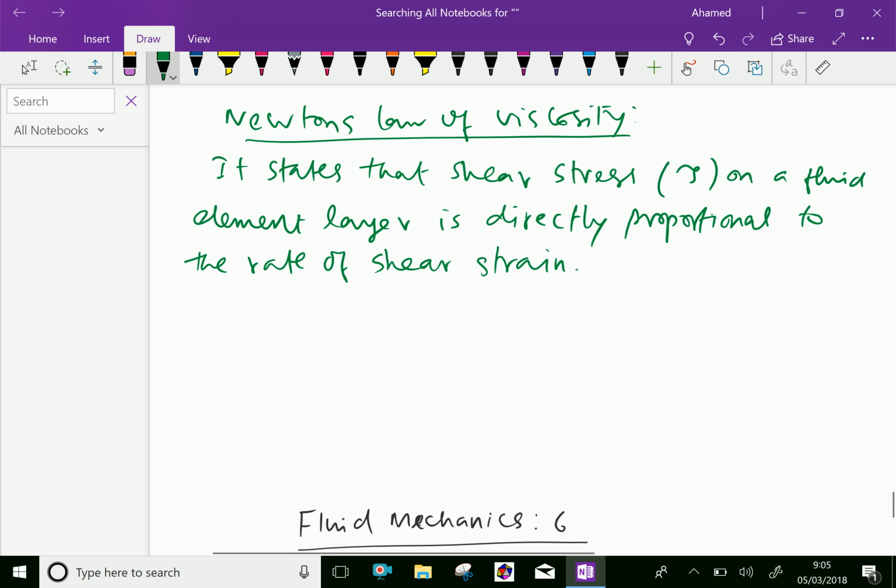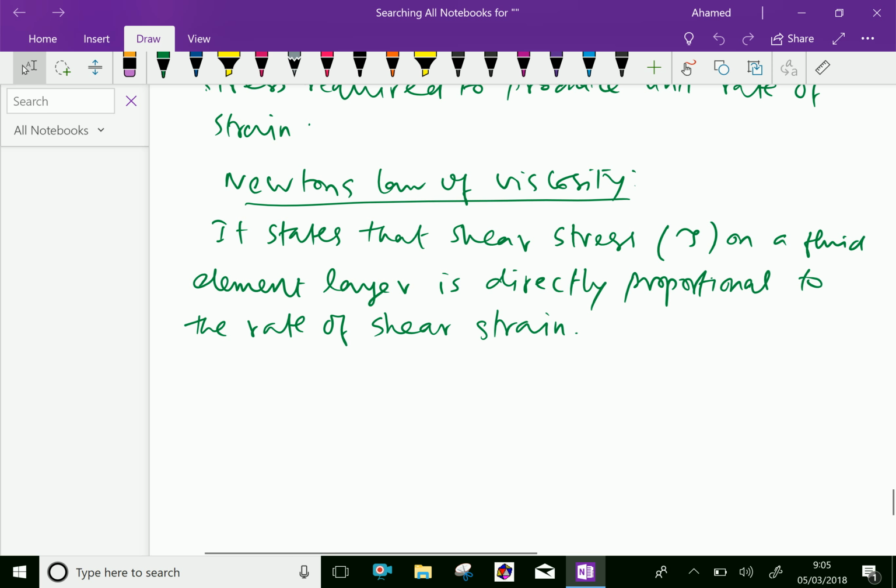Now, by Newton's law, tau equal mu du over dy, already discussed. Here mu is a coefficient of viscosity. From Newton's law of viscosity, we can get the coefficient of viscosity of the fluid also.